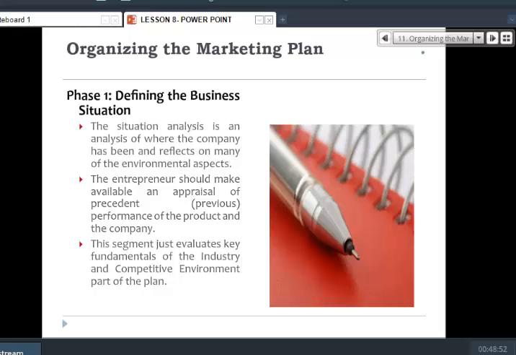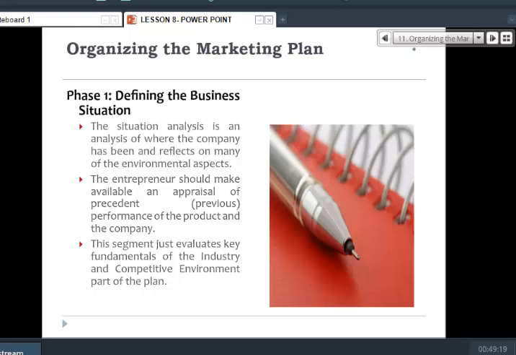So, organizing the marketing plan, first we need to define the business situation. The business analysis is where the company has been, and it reflects on many of the environmental aspects. The entrepreneur here should make an available appraisal of previous performance of the product and the company.